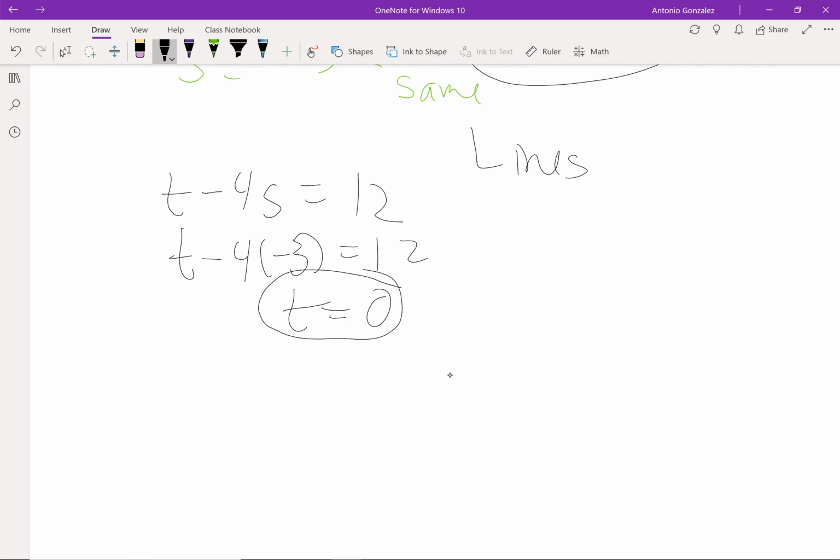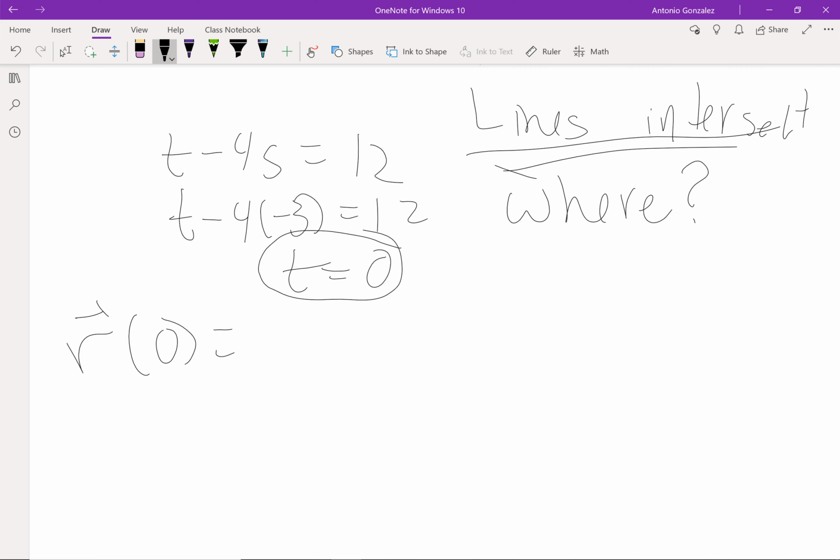Remember, these are vector equations, so when you plug in the 0, you get a vector, but that is the tip of the vector. And if the vector is in standard position, it is also the point of intersection. So r of 0 gives me 1, 3, 2. So the point of intersection is 1, 3, 2.